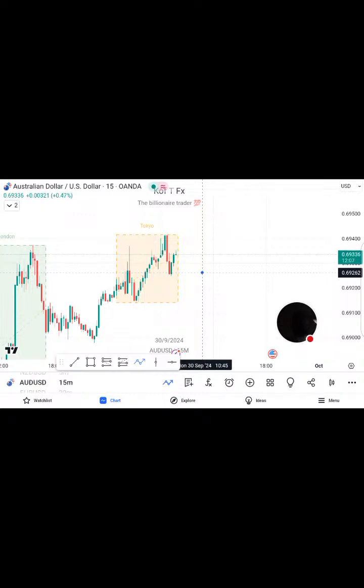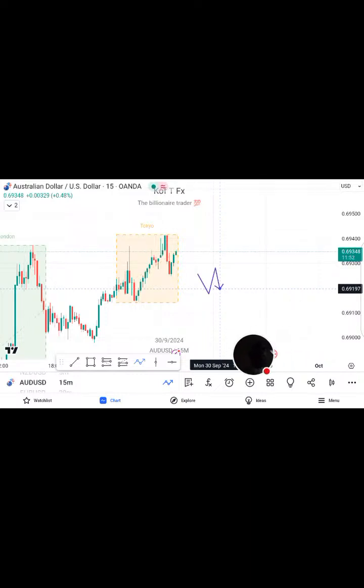Based on that, what we are actually looking out for is this. For a buy setup, we are looking for a break of structure, one, another break of structure, making it two.